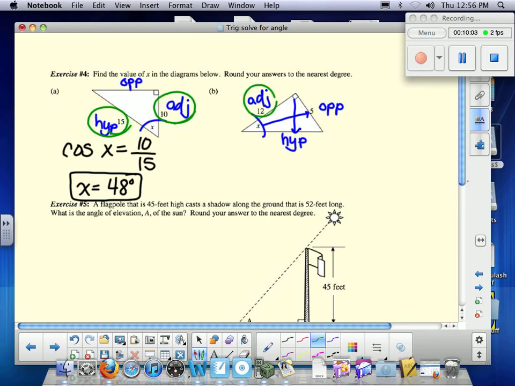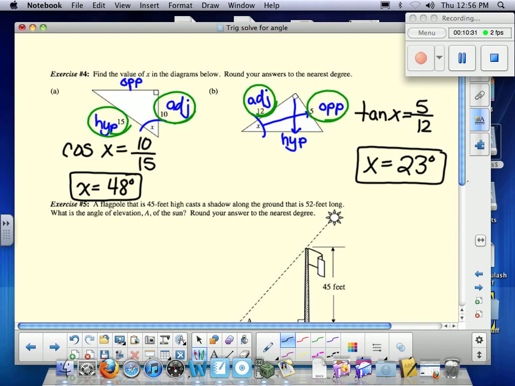We're going to pick our trig function based on the sides that we have: opposite over adjacent. So, again, we're rounding to the nearest degree. 23.